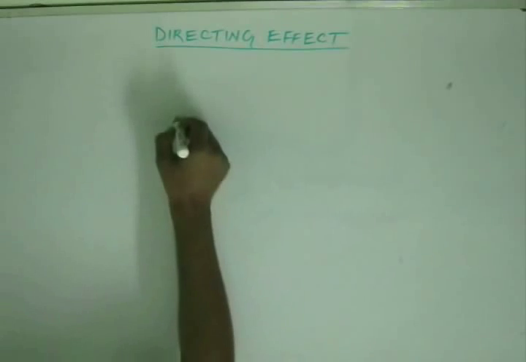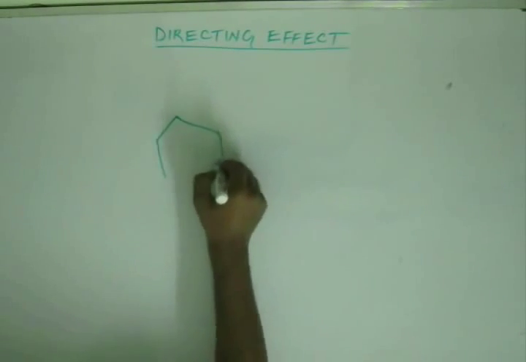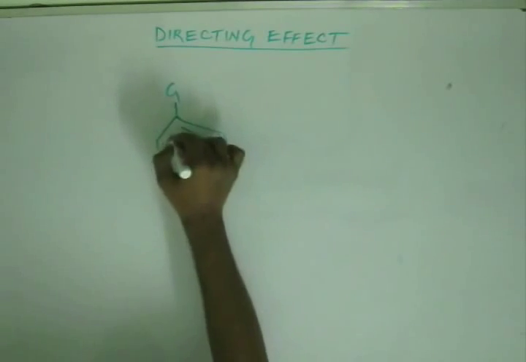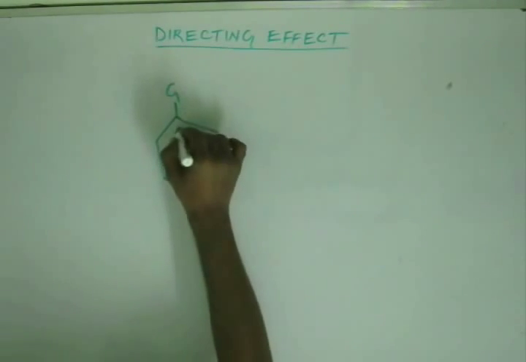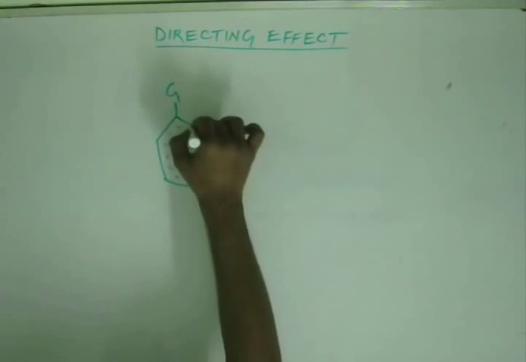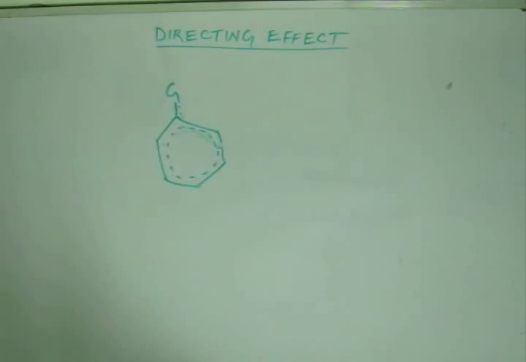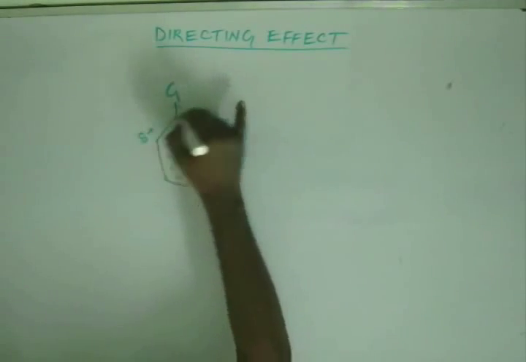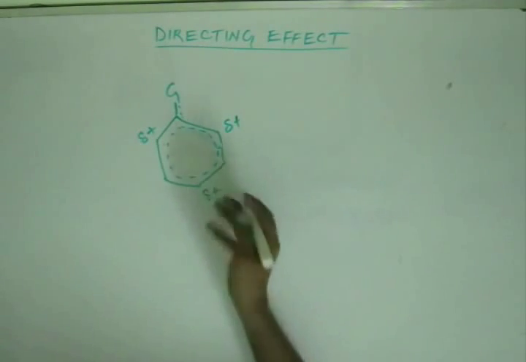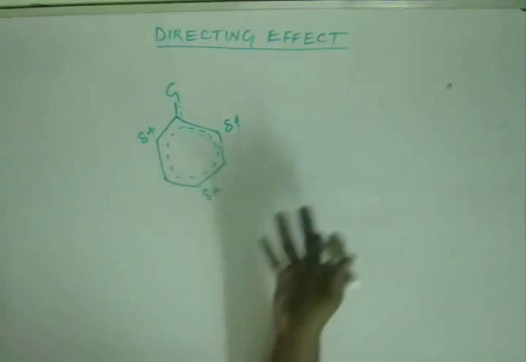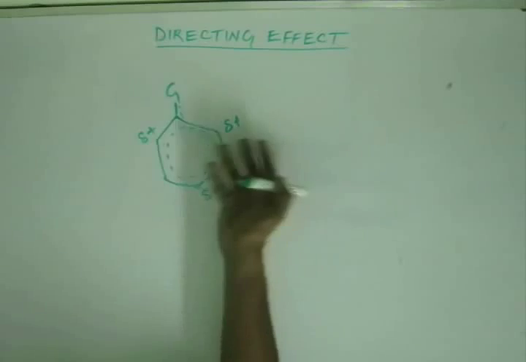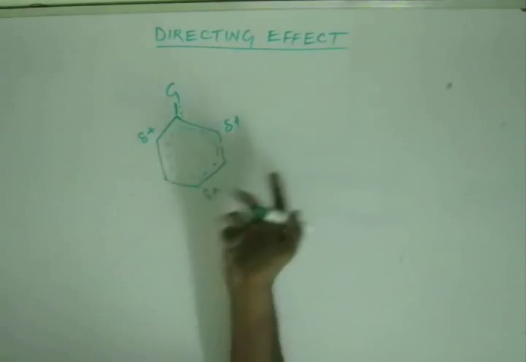That happens because when a group is electron withdrawing, this is the resonating structure that we get. If this group is withdrawing electrons, it will withdraw from the ortho-para positions. That will bring about a certain amount of positive charge density at the ortho-para positions.